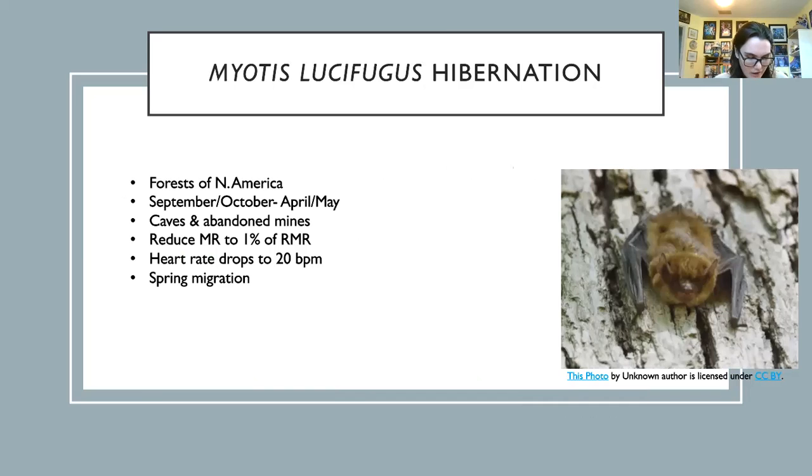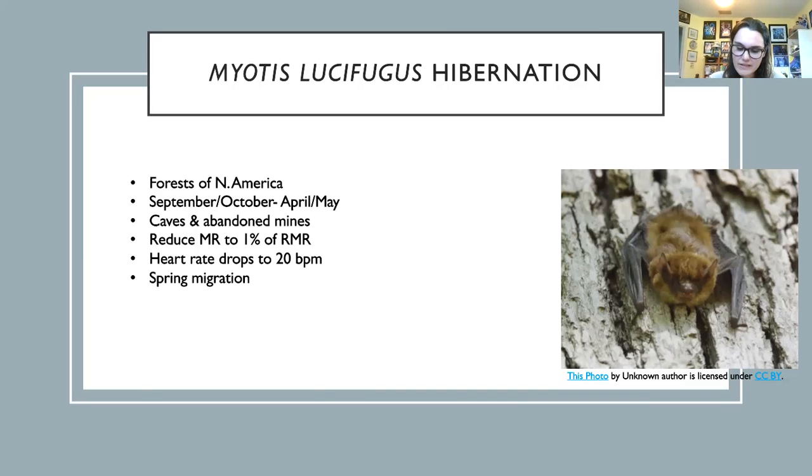And so for hibernation, besides the Arctic ground squirrel that goes through deep hibernation, some bats can also go through this. And so I chose the little brown bat, or Myotis lucifugus. They inhabit the forests of North America, so they can live in the United States up into Canada and also parts of Central America as well.